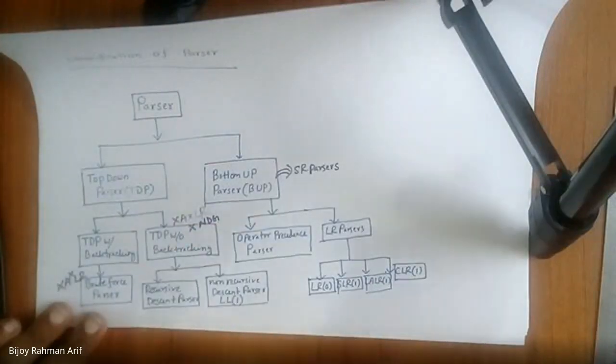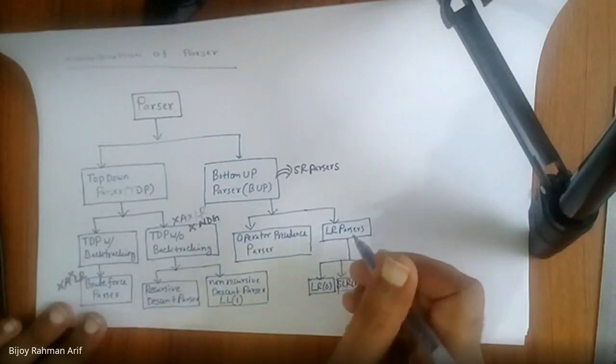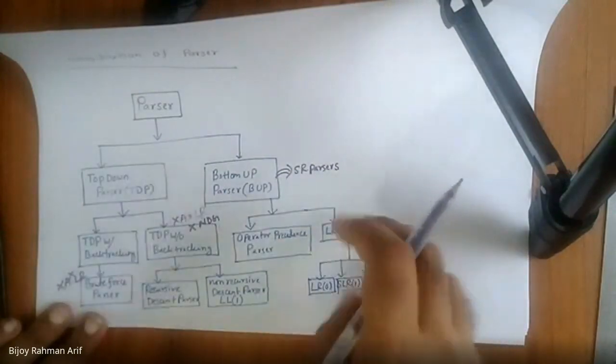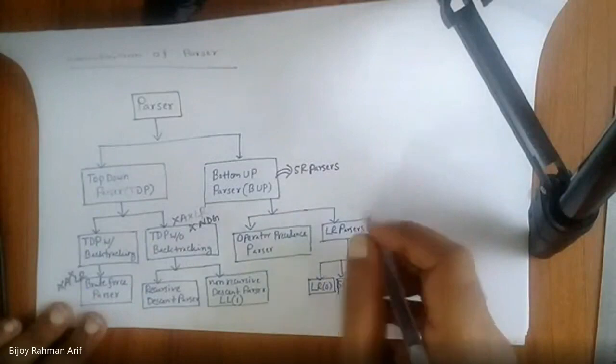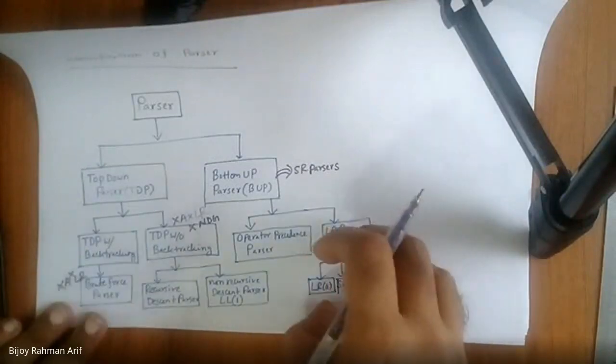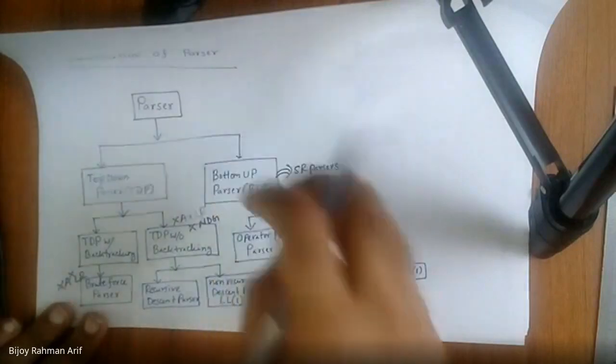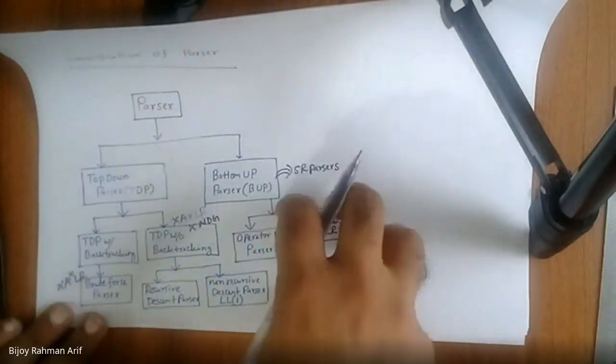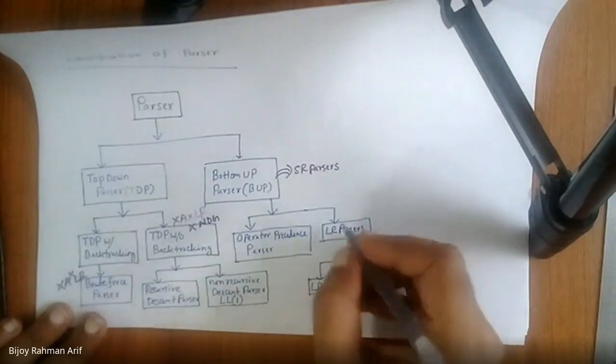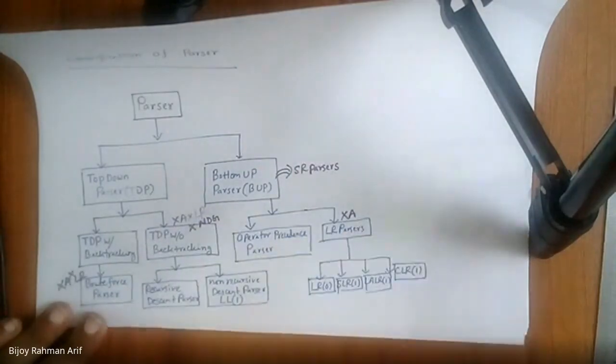Now go over here. All those parsers can actually use left recursive grammar. That means bottom-up parsers can use non-deterministic grammar, but they cannot use any ambiguous grammar.